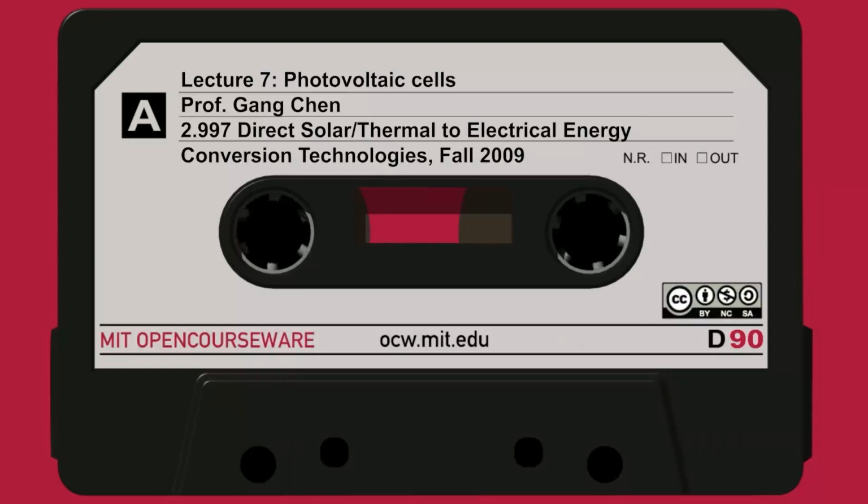Grätzel cell, right? This is not a solid cell, it's actually a liquid cell. What it has is titanium dioxide nanoparticles. Titanium dioxide nanoparticle has a band gap of about 3 electron volts. Too large, not many photons there.